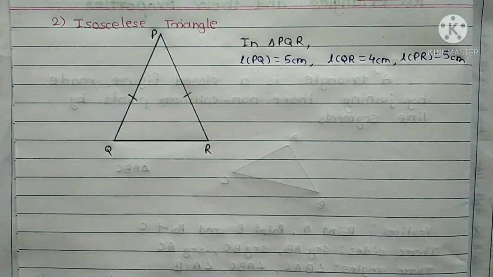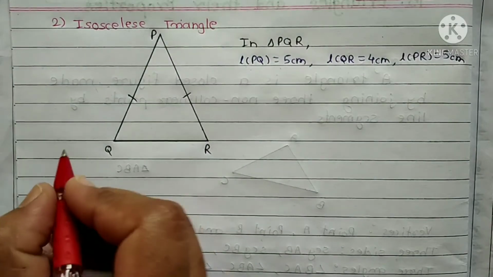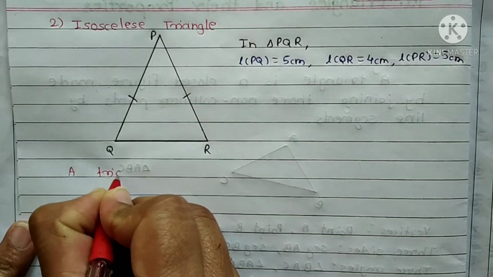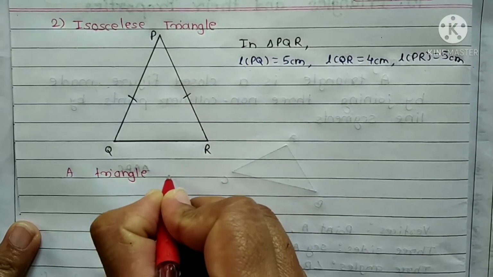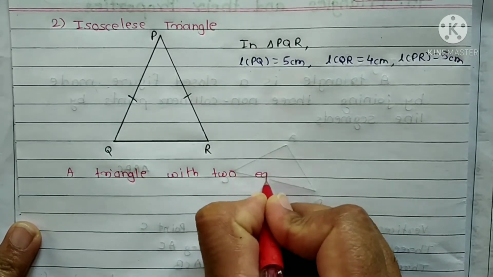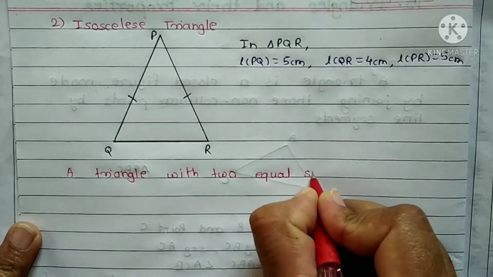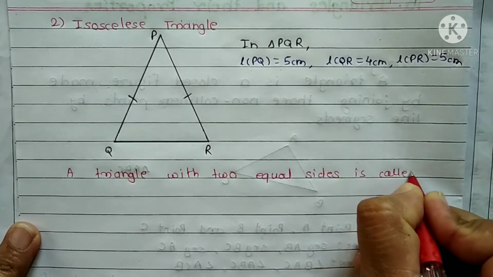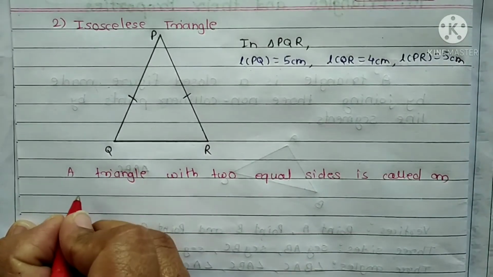So the definition of isosceles triangle is: a triangle with two equal sides is called an isosceles triangle.